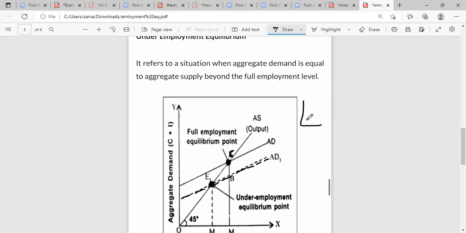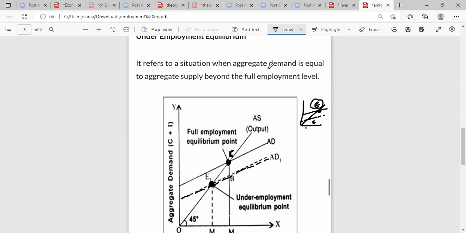See, this is your supply, this is your demand, right? This is your equilibrium, right? Now you are discussing underemployment. So under will go down, yes or no? It will shift, yes, ma'am. This one, right? So it shifted this way, and this was the point where you were achieving equilibrium, but now it is meeting here. So this will be the point where you will be achieving the equilibrium.